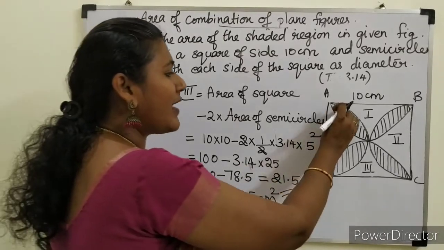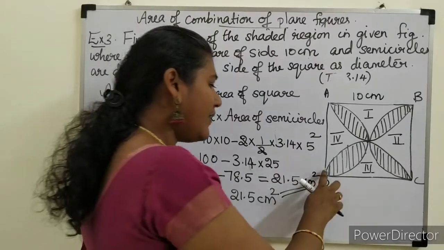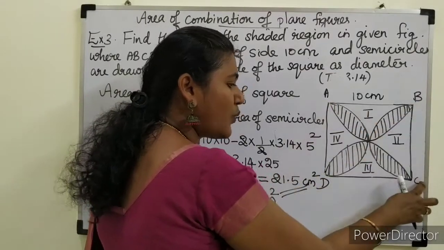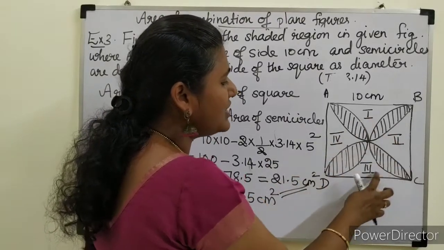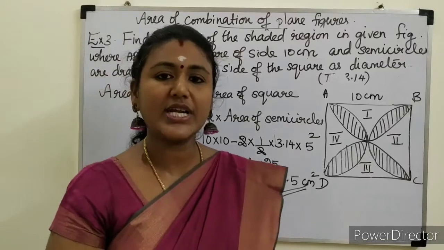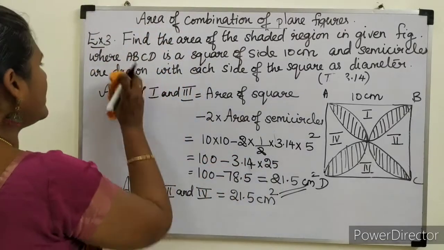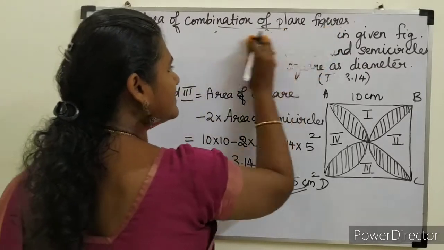Now for finding the area of the shaded region, from the area of the square we have to subtract the areas of these four regions. Then we will get the area of the shaded region.